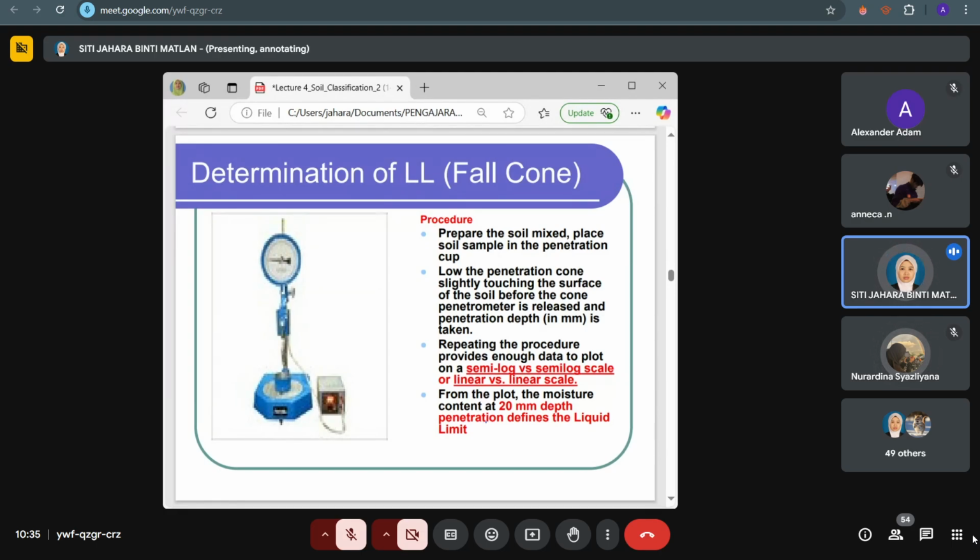The moisture content corresponding to 20 millimeter penetration is defined as the liquid limit. This method is widely accepted and also used in the British Standard. Basically, there is a standard code for this one, also for the Falcon method.